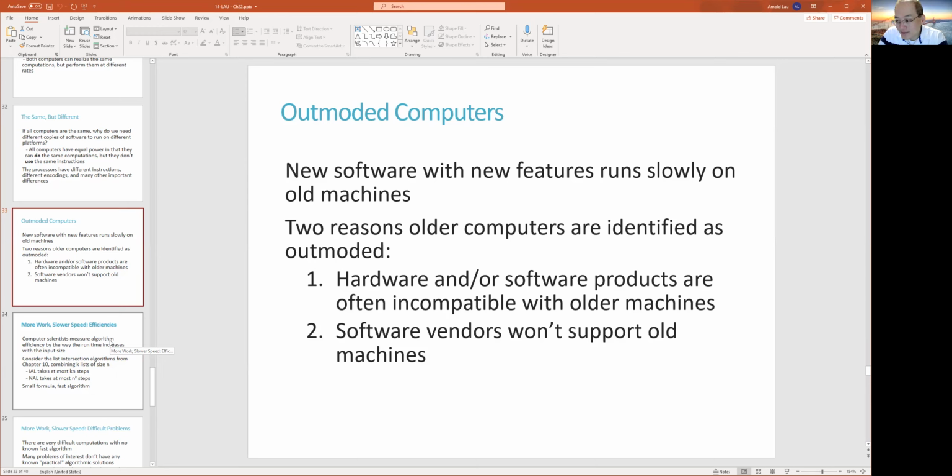So older computers, maybe they were all set up to run on one CPU, instead of these days, where everything is generally running on multiple CPUs. And maybe the particular address size is bigger, so you can get more information into one push versus the older computer, right? So there's all kinds of reasons why new software is going to run much more slowly on the older machines.